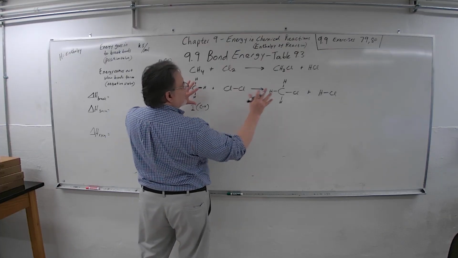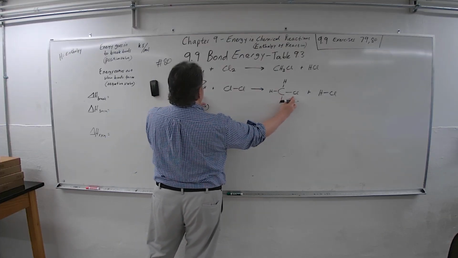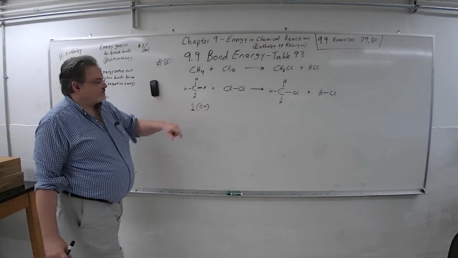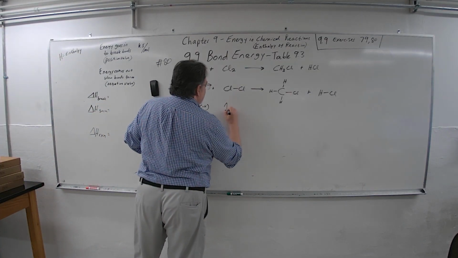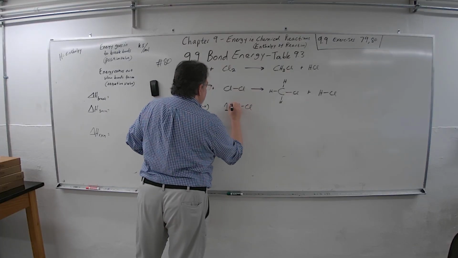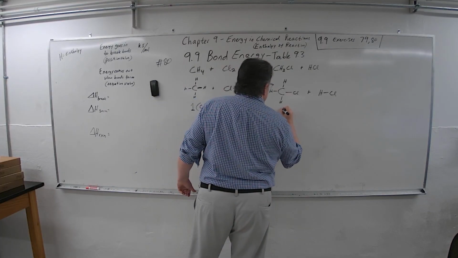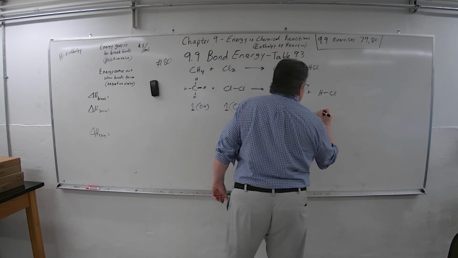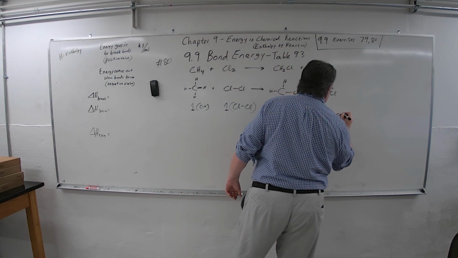You have to look here and go, okay, the only thing that's changed is that. You've got one Cl to Cl. Forming is one C to Cl and one H to Cl.